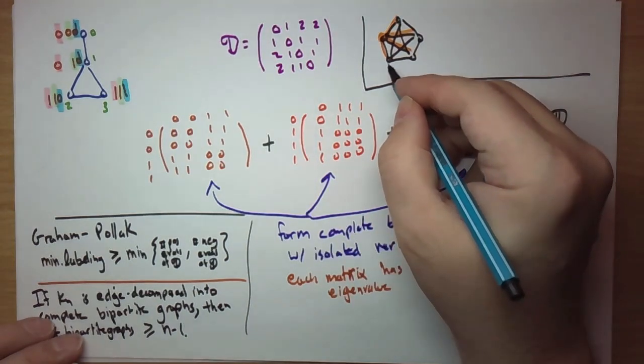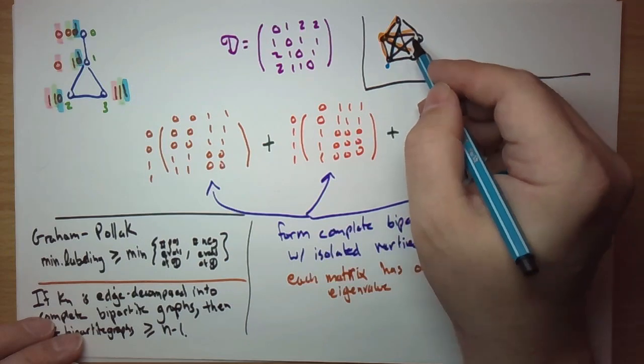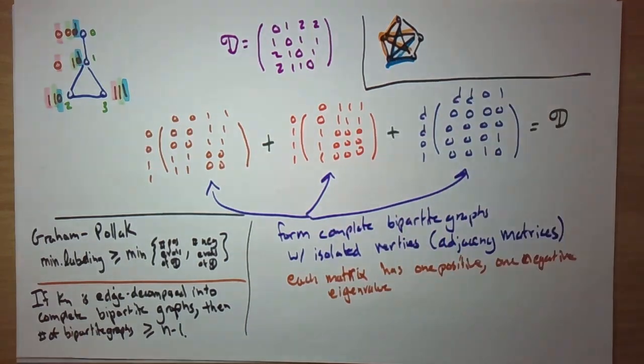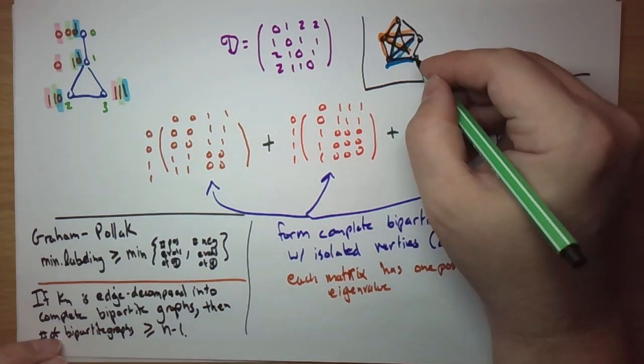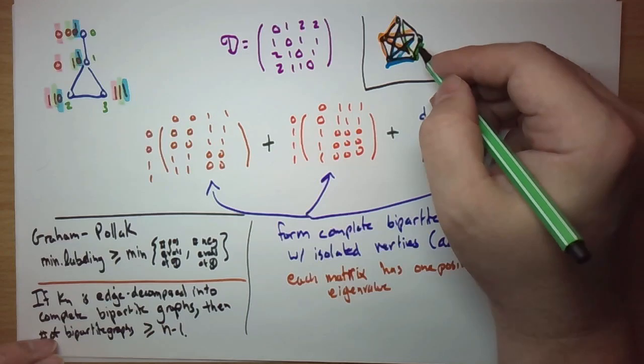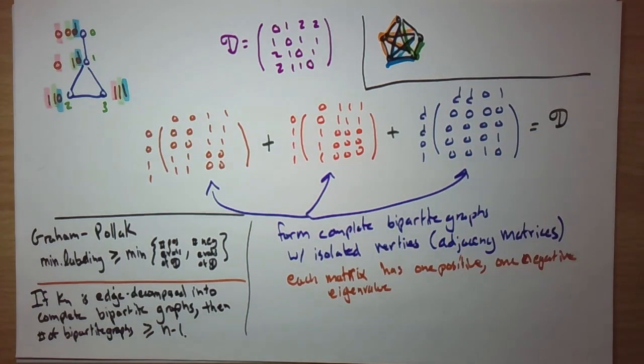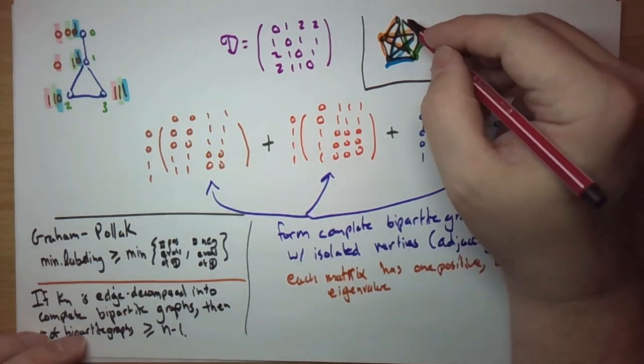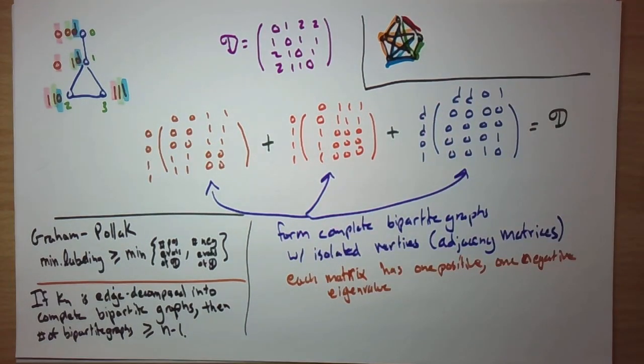Doesn't matter which one. And you make a star. And you just repeat. And doing that, you very quickly run out of things, but that's okay. The good news is we won't run out of choices before we run out of colors. And so you can always do it in n minus 1.